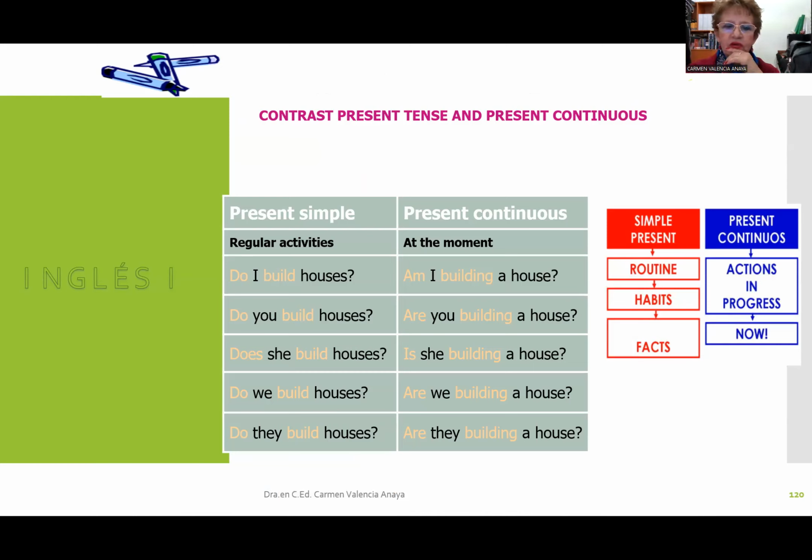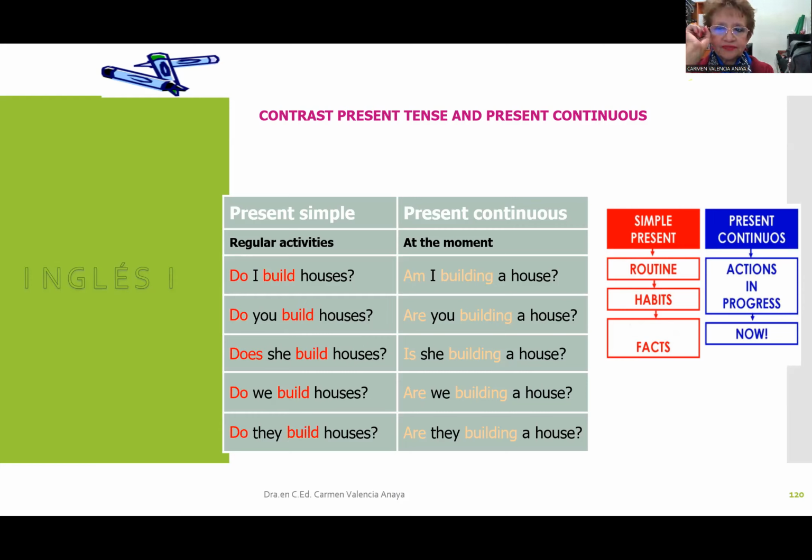For example, look at this one. This is very important. Look at this one. Do I build a house? Do you build a house? Does she build houses? Do we build houses? Do they build houses? Okay.